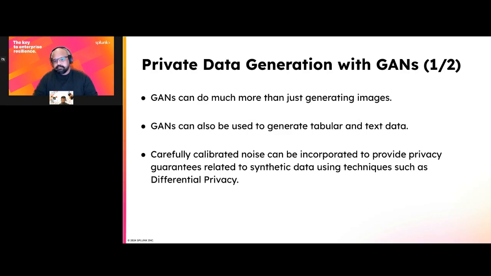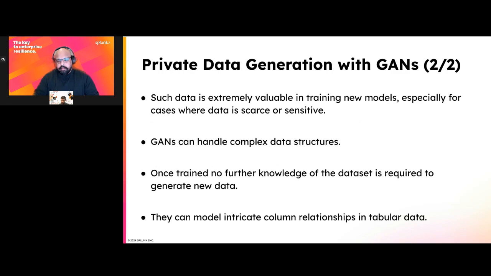So based on the computations on the data that you make, the adversary is not able to tell, and this is guaranteed through mathematical means, whether a person is present in the data set or not. And this is a very, very strong guarantee that can be provided. Techniques like these are extremely valuable to come up with models for which privacy and sensitivity of data is important.